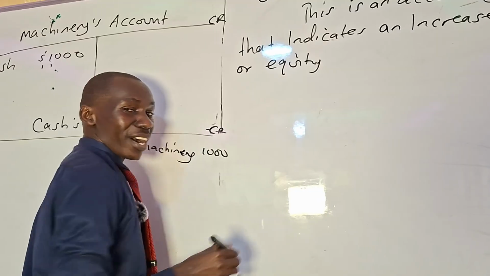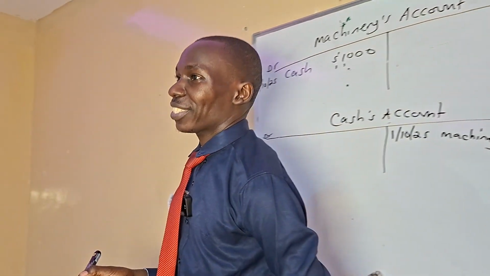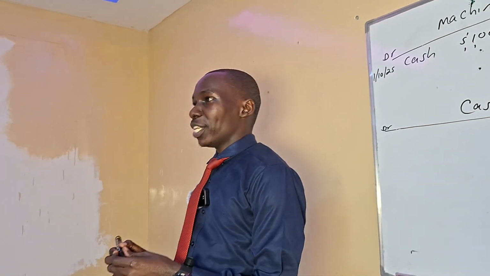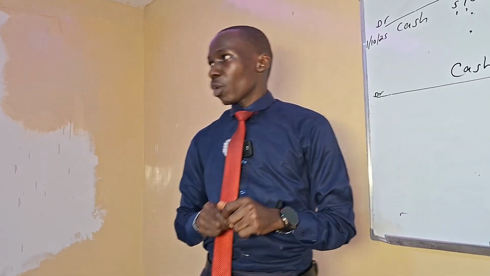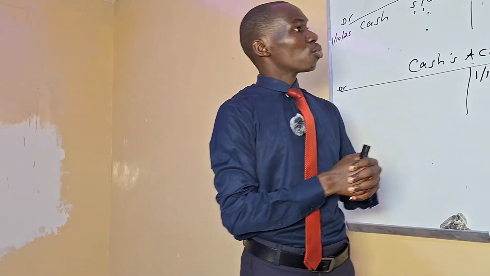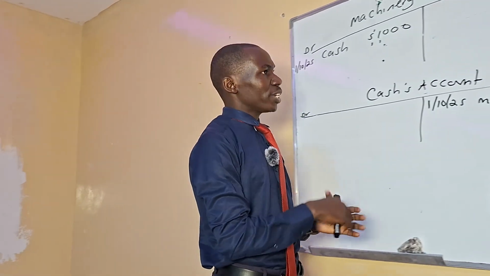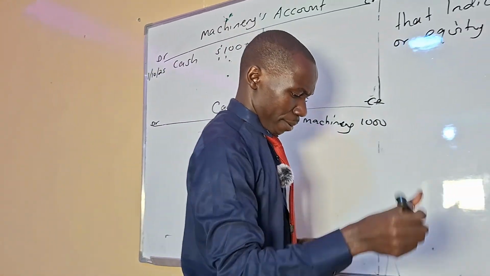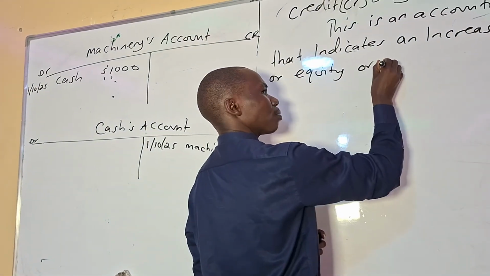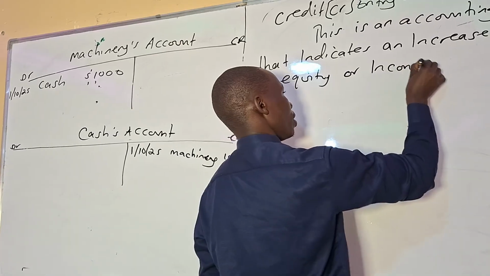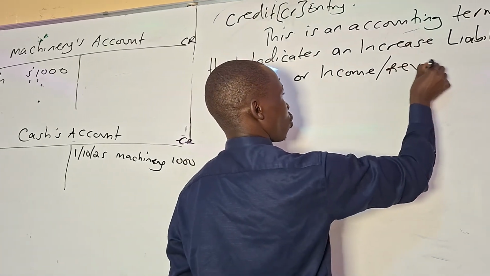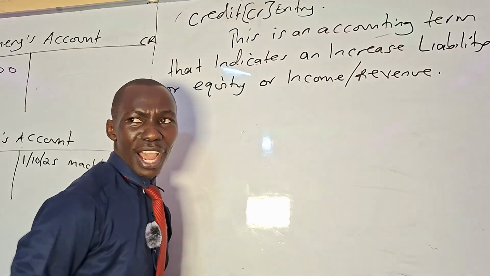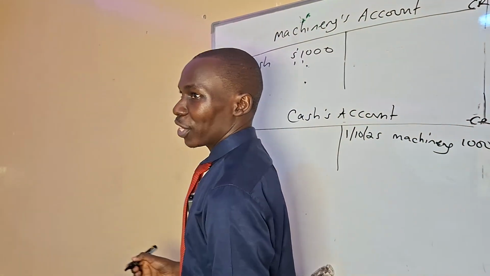You remember our accounting equation? We talked about asset, equity, and liability. So whenever it is increasing, please, you have to credit it. Not only liability and equity, even income would be revenue. Someone would ask, what about if sales are increasing? Where do we record that?